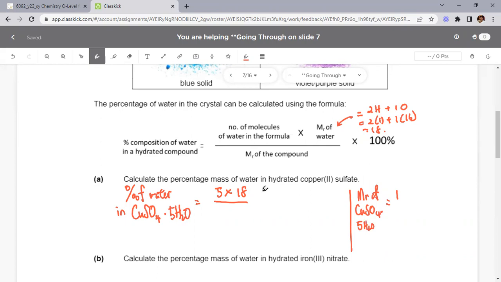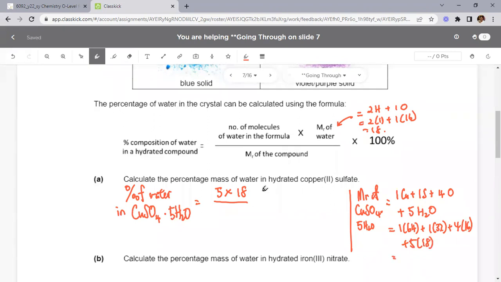Let's calculate every single thing. This is equivalent to 1 Cu plus 1 S plus 4 O plus 5 H2O. So this is 1 times 64 plus 1 times 32 plus 4 times 16 plus 5 times 18.